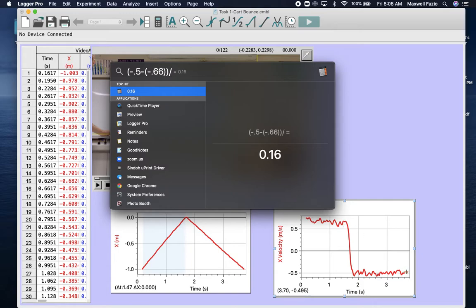The time difference between the final and initial moments is, if we look here, about 3, and I'm just approximating. If you highlighted it, you could get a more accurate one, but I don't want this window to go away. I'm going to say 3.8 seconds about. So that's our average acceleration right there.